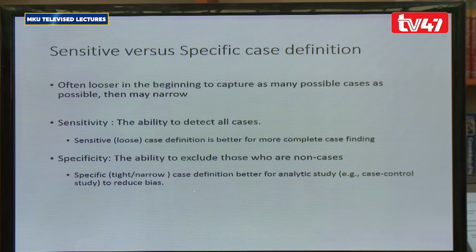Now, different case definitions have different strengths. So we have sensitive versus specific case definitions. Often, to have a looser case definition is more helpful in case finding. For loose case definitions, you will have many clinical signs.